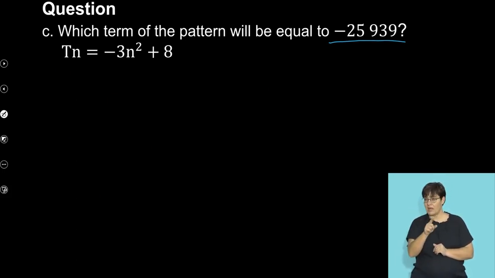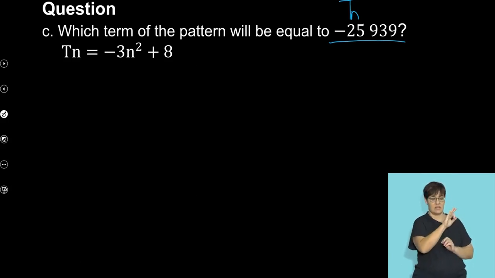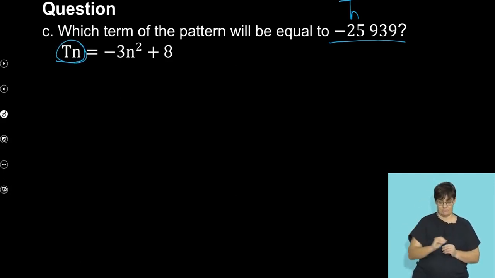Please note that this is a Tn value because it is asking for the actual term number that matches the term value. So I'm going to be substituting in negative 25,939 for Tn because I am solving for n.